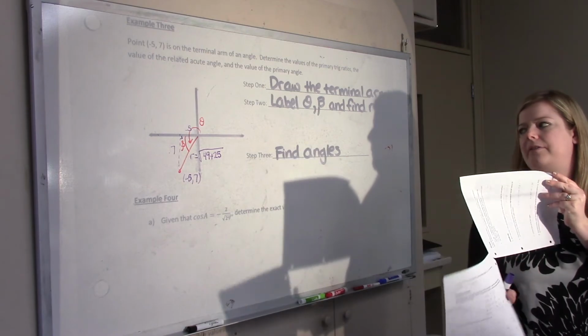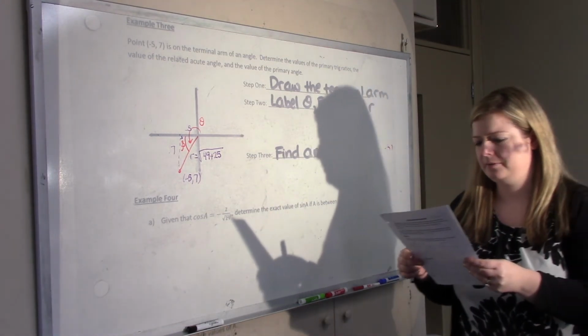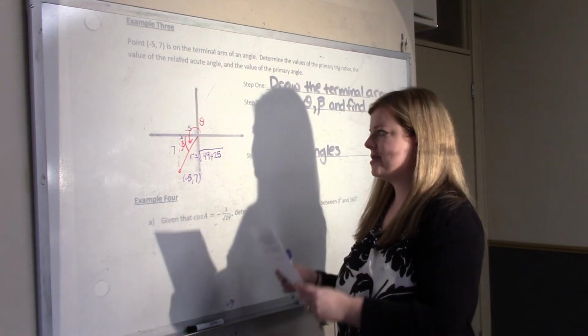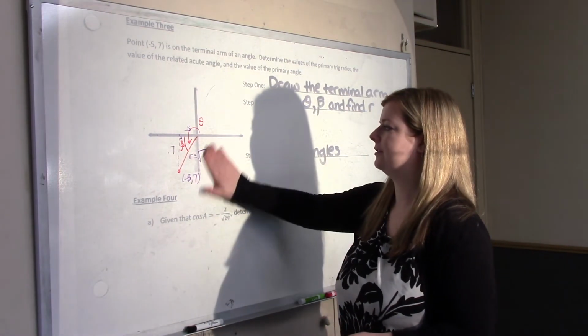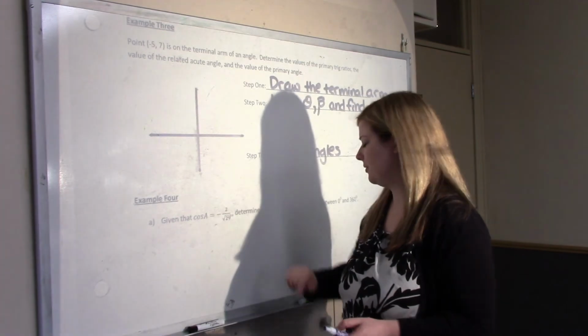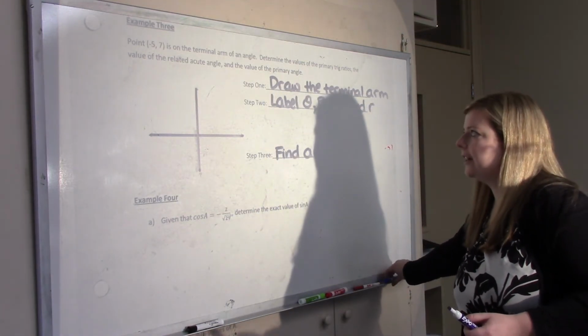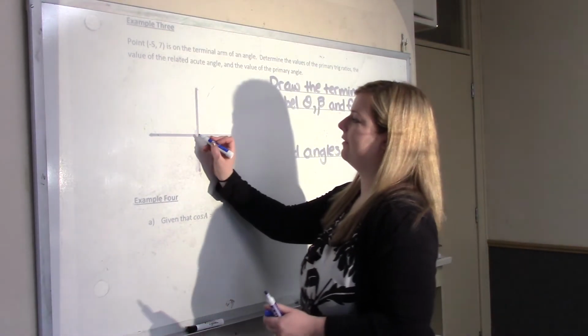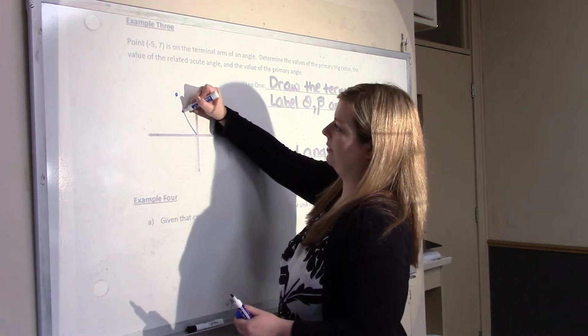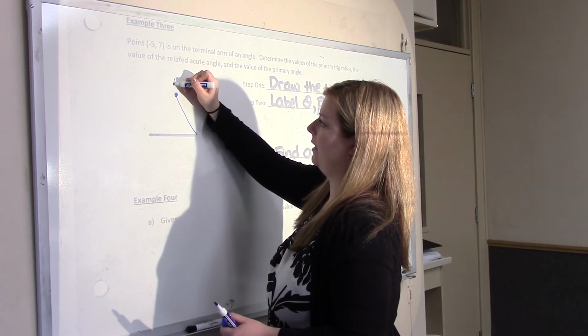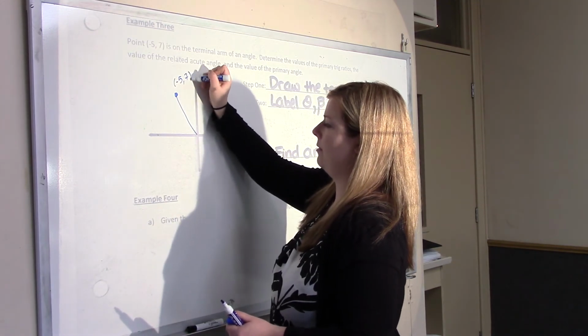The square root of x squared plus y squared. Oh man, I drew this in the wrong quadrant. Just as I was saying, make sure you get the quadrant right. Okay, so negative 5, positive 7, that's up here. Okay, negative 5, 7. There we go.